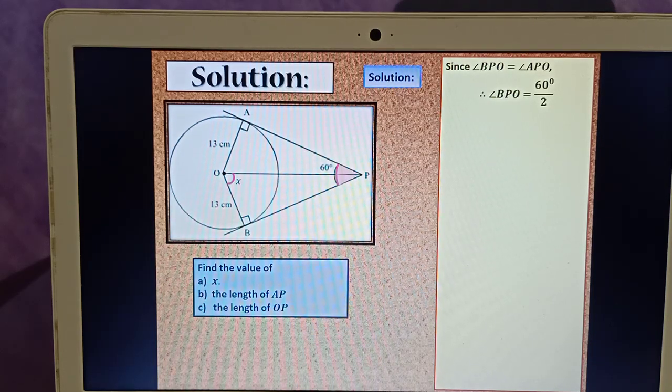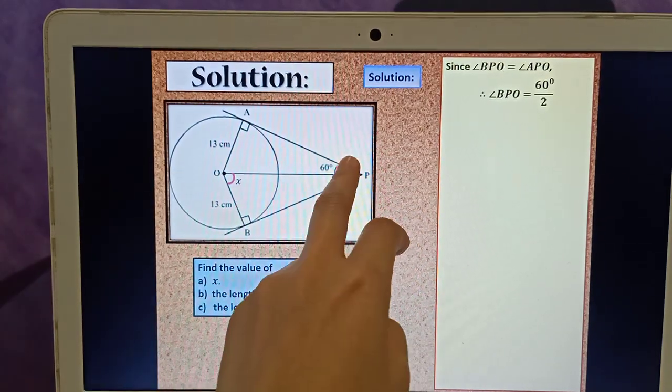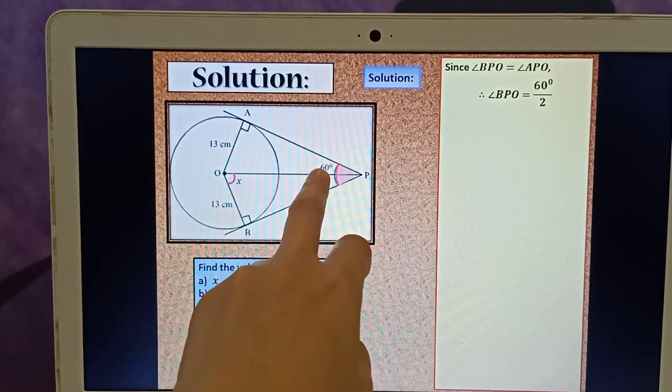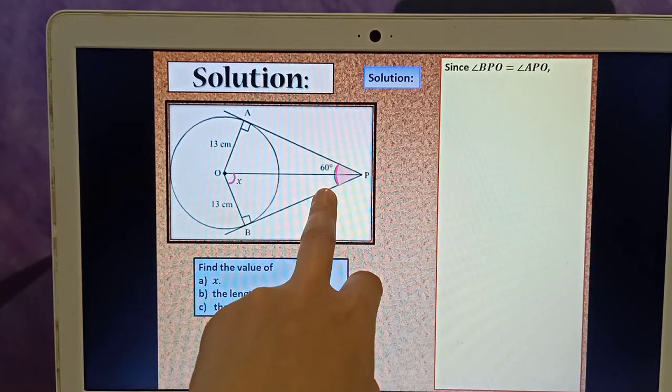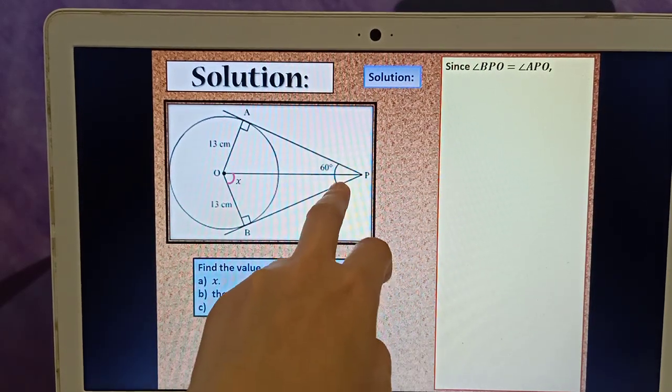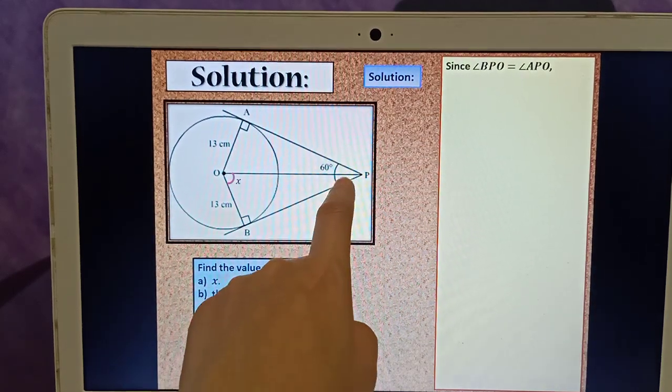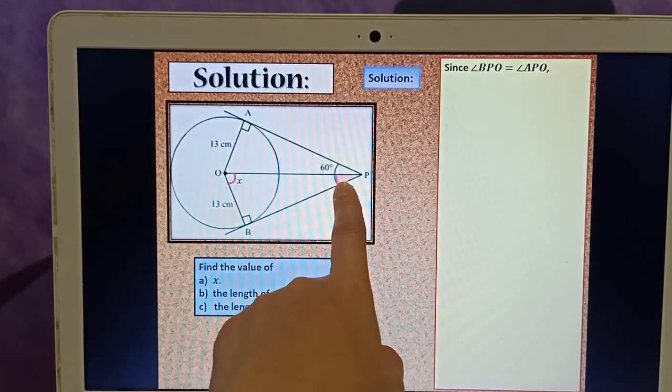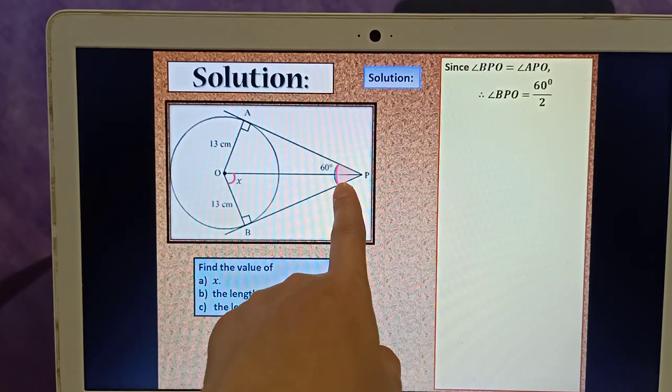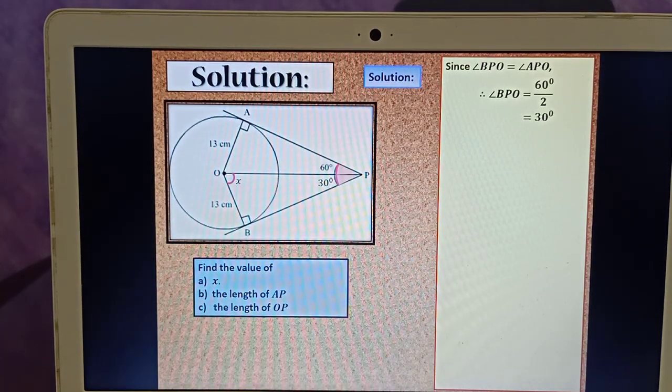Angle BPO is half of the 60 degrees, right? You see, this one is 60 degrees, so I just want half of it. I use 60 degrees divided by 2 and I will get 30 degrees.